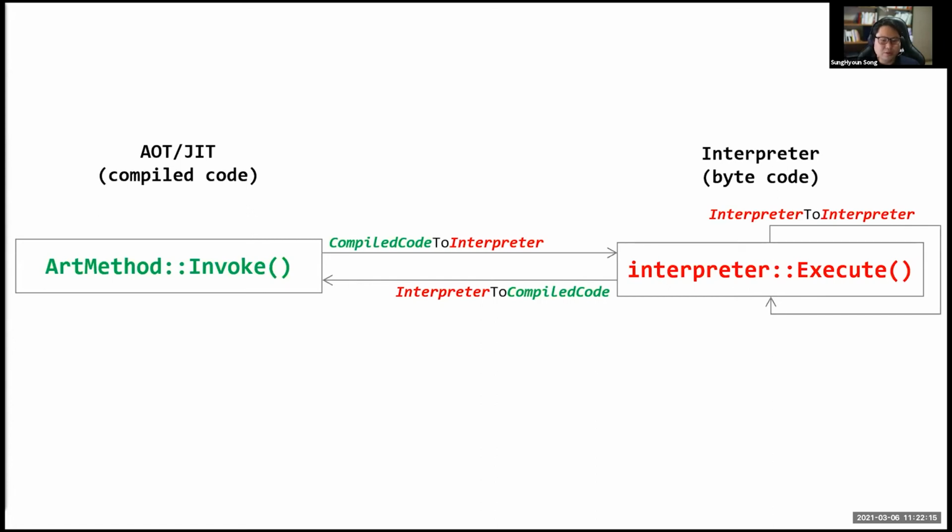If the compiled code doesn't exist, the interpreter is used to execute the bytecode of the function. And after the execution of a different type of function, the compiled code calls the interpreter, or vice versa. Sometimes the interpreter calls the interpreter again. In this way, state changes occur frequently within the ART structure.